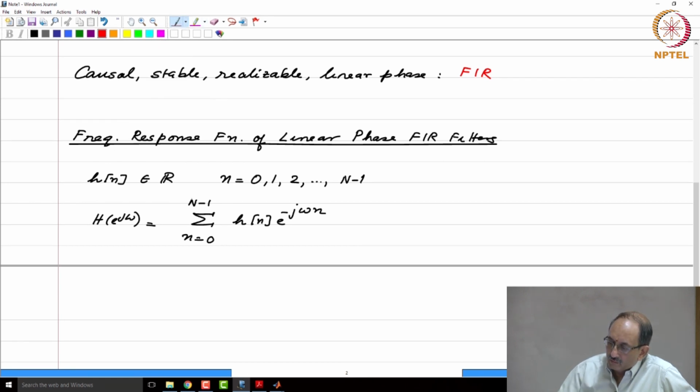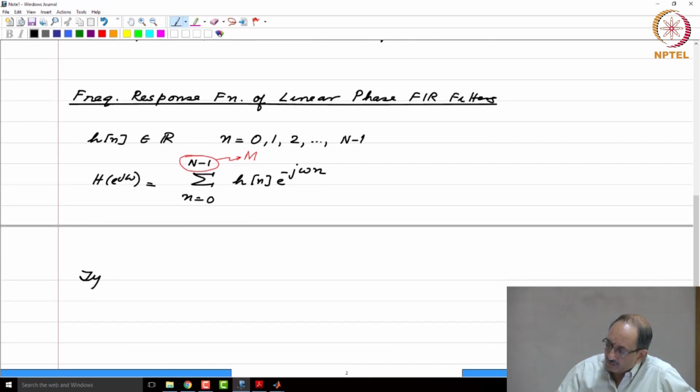In this particular section related to these expressions, it is customary to denote n minus 1 as cap M. So, whenever you see cap M, it really stands for n minus 1.